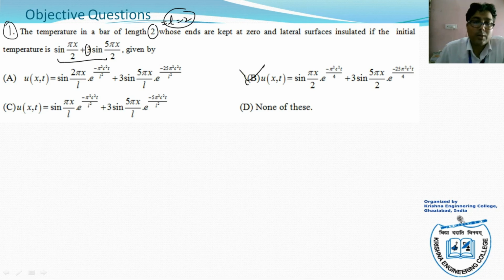This is the required solution. Clear? This solution contains the value of L, but here L is 2. This equation sine pi x by L contains also L, so option B is correct here. Clear?